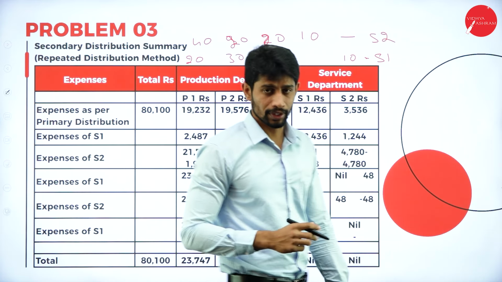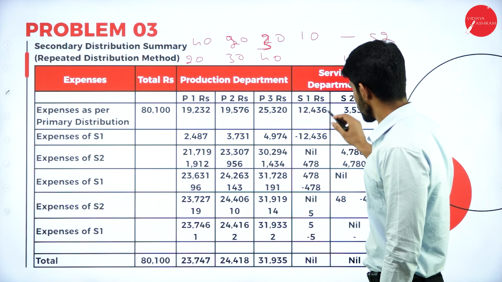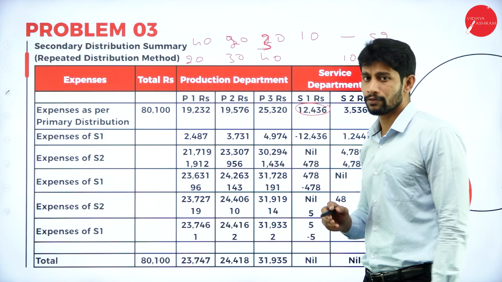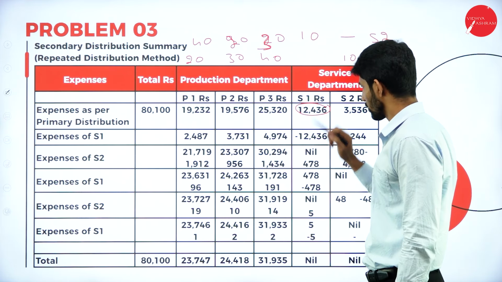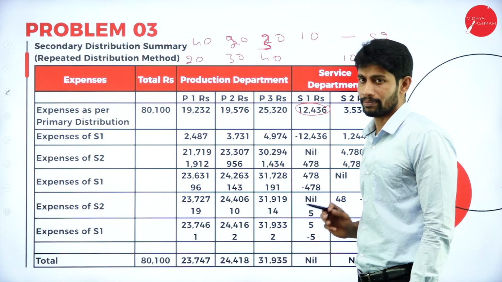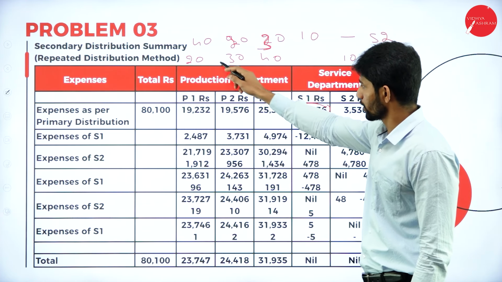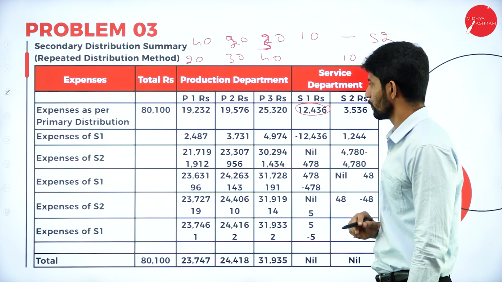So how to distribute this? First we go with S1. What is the service department total we have? It is 12,436. So we are supposed to distribute this 12,436 among other departments, based on the percentage. For production department 1, compute 20% on 12,436.